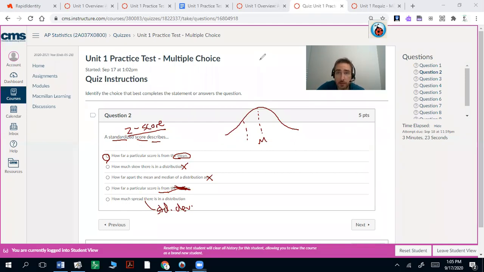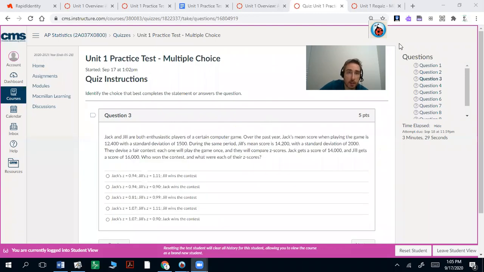Okay, number 3. Jack and Jill are both enthusiastic players of a certain computer game. Over the past year, Jack's mean score when playing the game is 12,400 with a standard deviation of 1,500. So Jack's mean and standard deviation are given here.